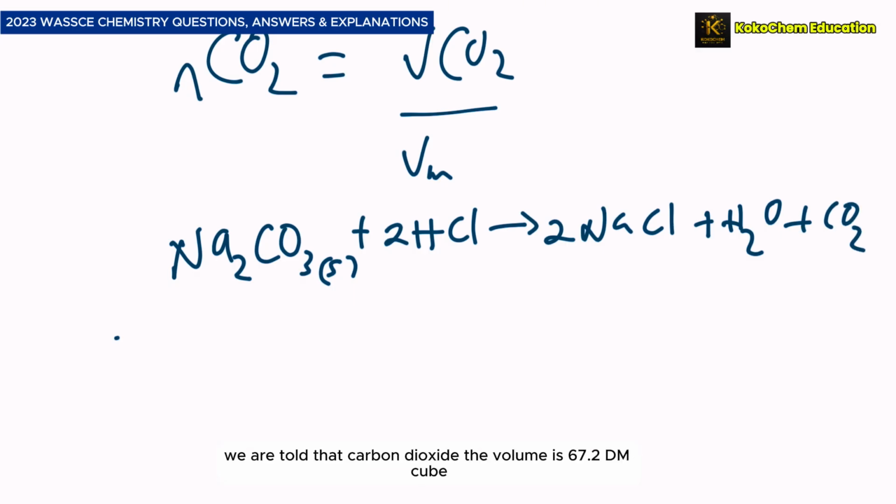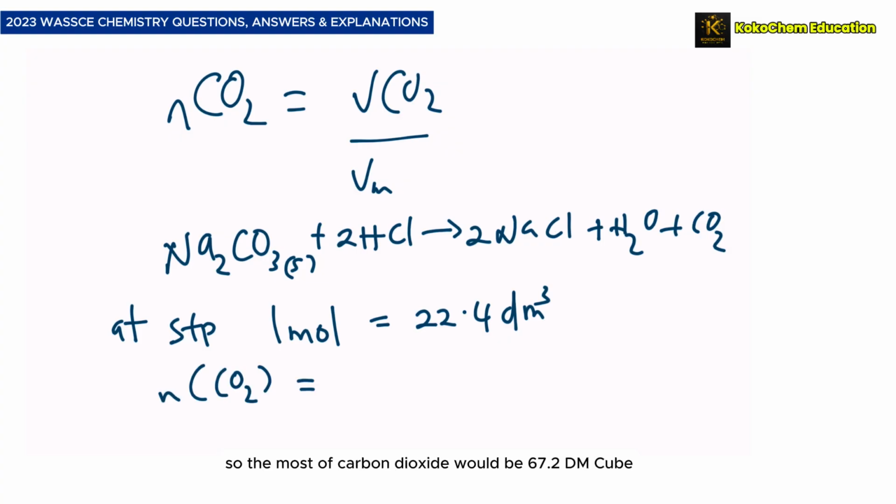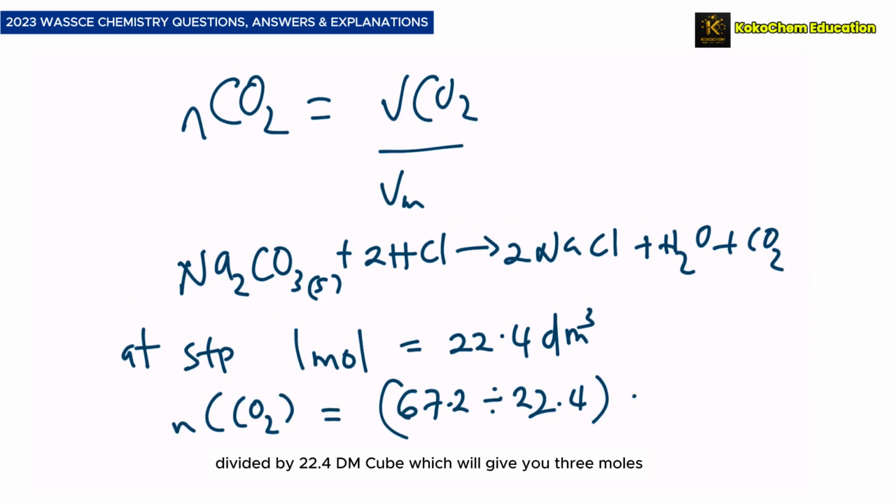We are told that the volume of carbon dioxide is 67.2 dm³. At standard temperature and pressure, 1 mole of a gas is 22.4 dm³. So the moles of carbon dioxide would be 67.2 dm³ divided by 22.4 dm³, which will give you 3 moles.